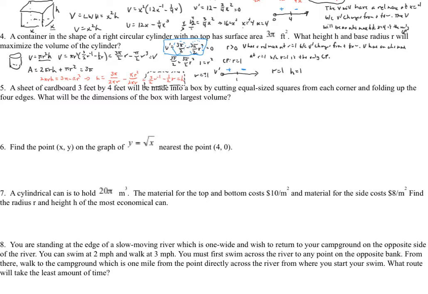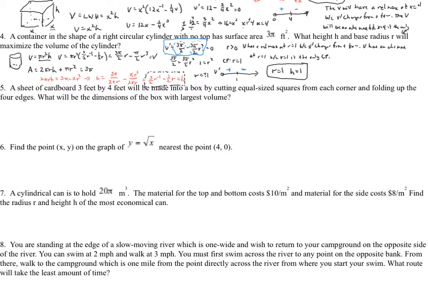So the height also is going to be 1. So the dimensions of our cylinder of largest volume with a surface area of 3 pi has a radius of 1 and a height of 1. Kind of the closest thing you can get to like a cube if you were thinking of this as like a prism.